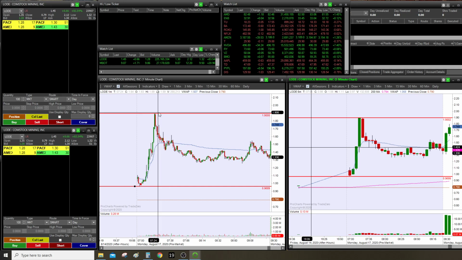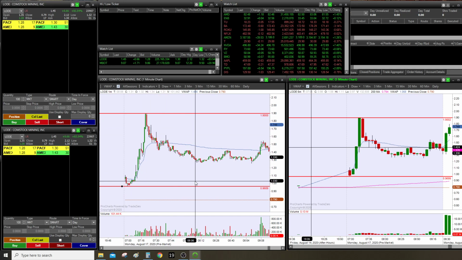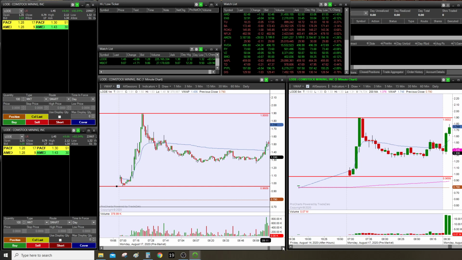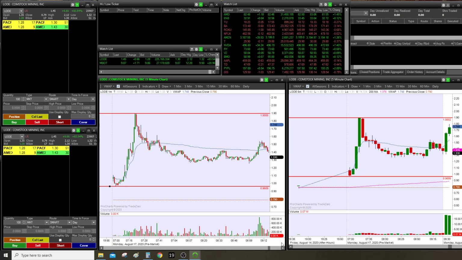I have the high of the pre-market, the low of the pre-market, and I like to put a nice support or resistance on the chart. You can see that around this price, around 1.42, the stock went high, bounced back, and it was resistance.